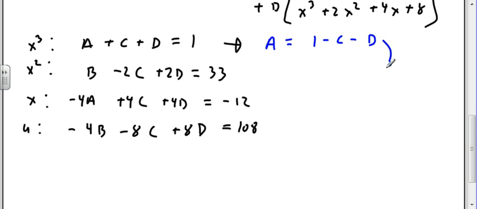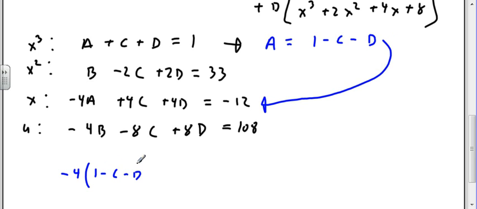Okay, and then I'm going to plug that back into that guy. And I'm going to write minus 4 times 1 minus c minus d plus 4c plus 4d is equal to minus 12.